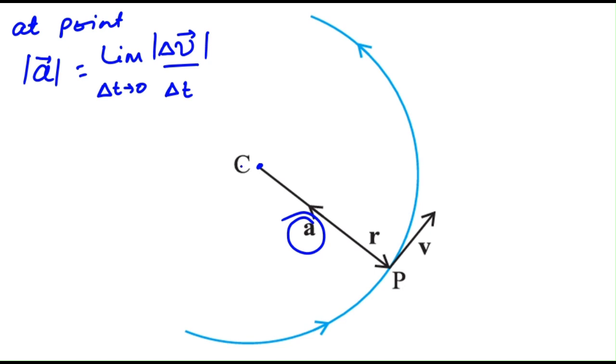Only then we can get instantaneous acceleration at any point, not an average. Although here average and instantaneous acceleration are the same. So this way we can find the magnitude of this acceleration. Next, how can we proceed? So we have to go to the previous diagram. Let's take this diagram.